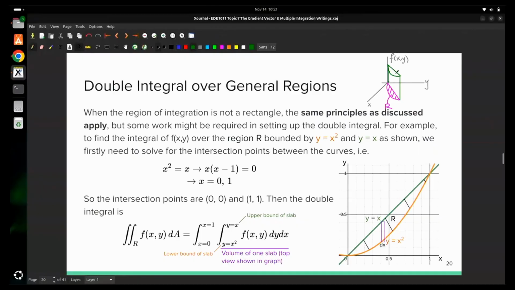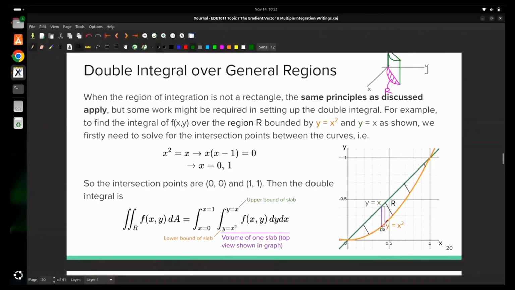So therefore, if you look at the region R here, how do we evaluate it? As I have mentioned before, the region R is actually in the limits. So if you integrate with respect to y first, you are going to integrate from y equals what to y equals what?